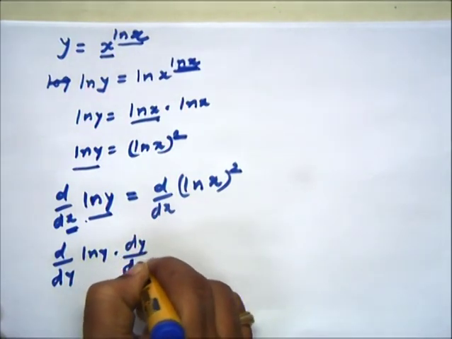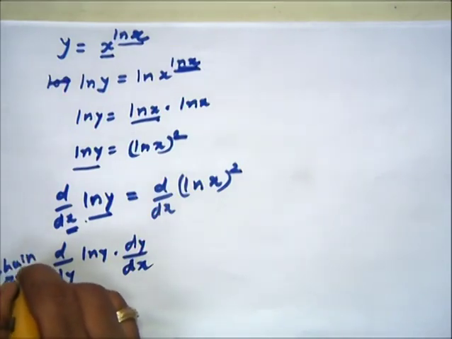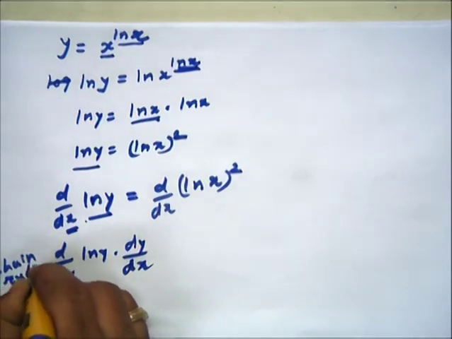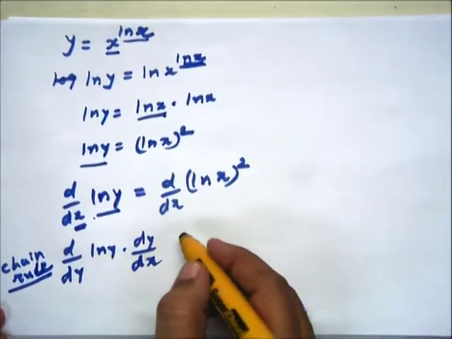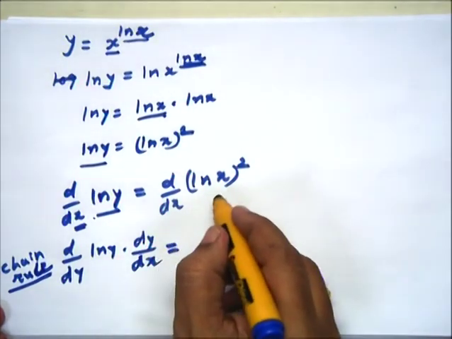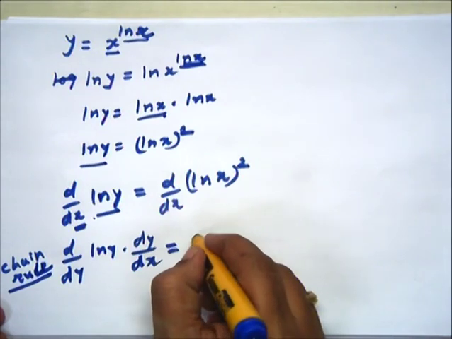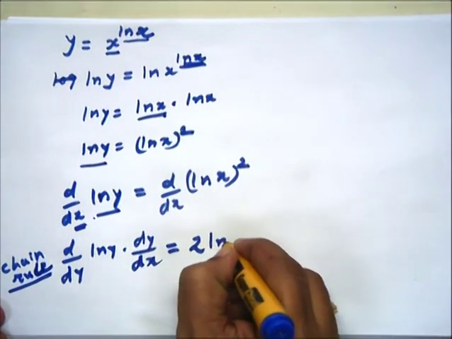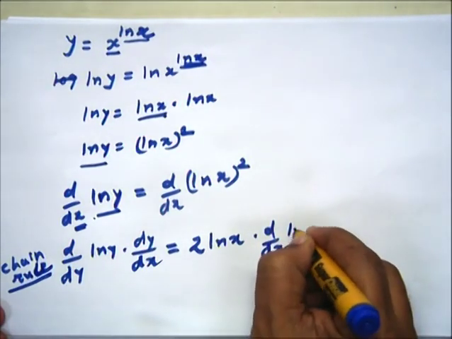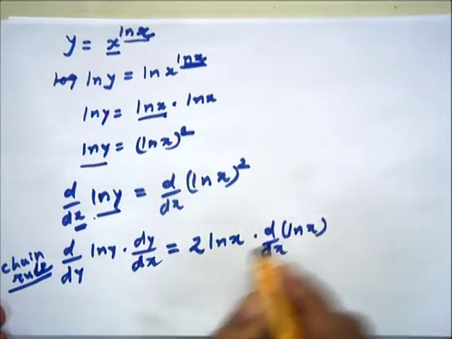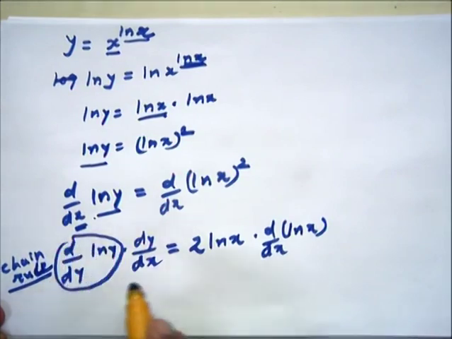This is called chain rule. And here the derivative of this function, it is a composition of two functions. So the derivative of x square is 2x, so it is 2 log x into the derivative of log x. So this derivative is 1 upon y.